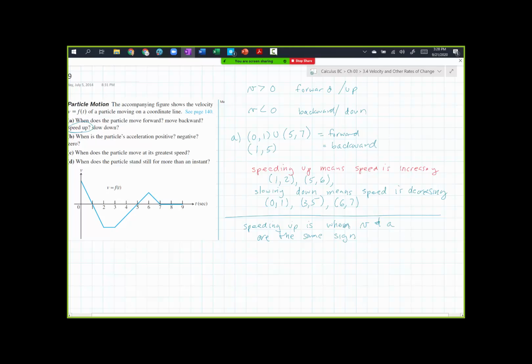And slowing down is when velocity and acceleration are different signs.